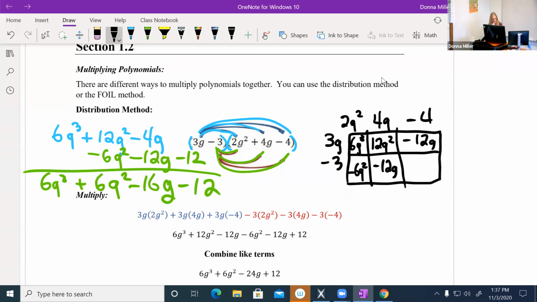Did I do something wrong? Seems to me like I'm not getting the same answer. I'm getting a different answer, so I'm going to go back and check myself. 12 minus 6 is 6, but I got a -4 here. Which one was right?